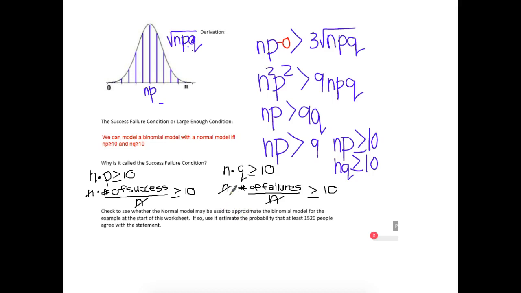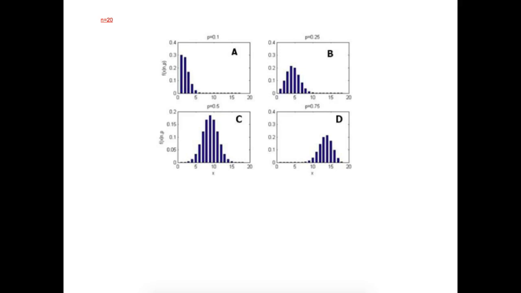And now we're going to save this part for a second, and we're going to go back to the front page, and we're going to examine these situations here. So we want to know, would we be allowed to take these binomial models and approximate them with a normal model?